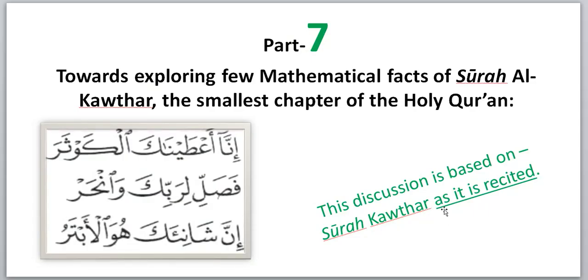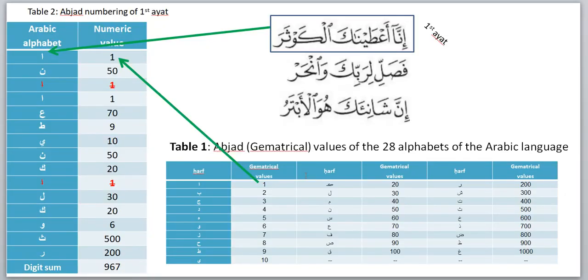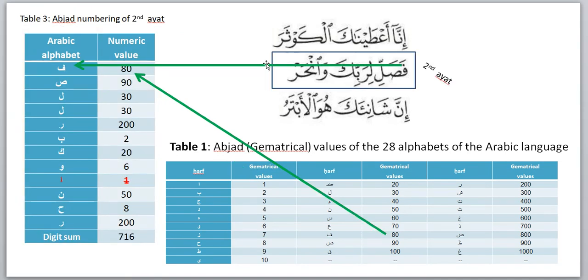Again, I am mentioning that the discussion is made as it is recited. If we add all the values, it will be 967. I repeat, these two are not in this digit sum. This is the explanation of this slide.